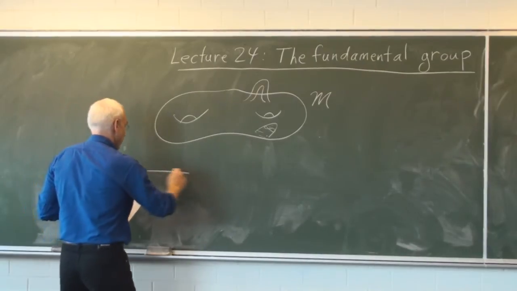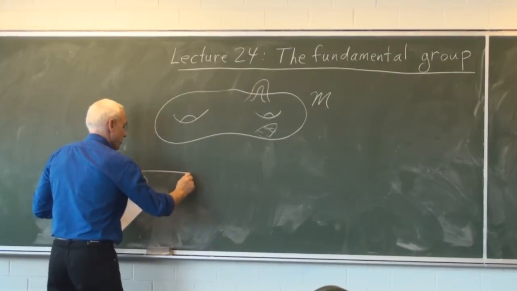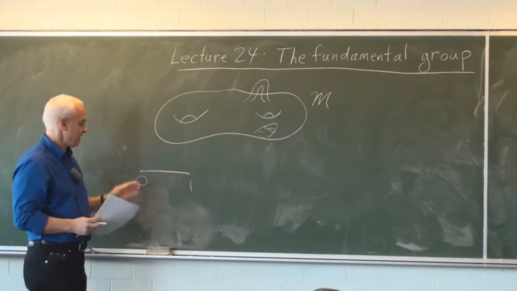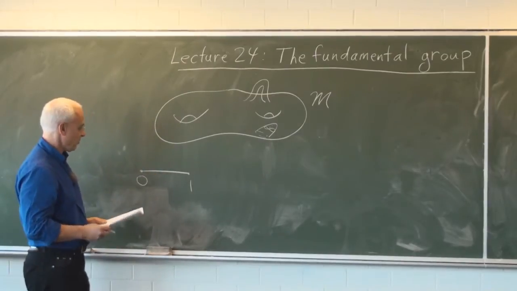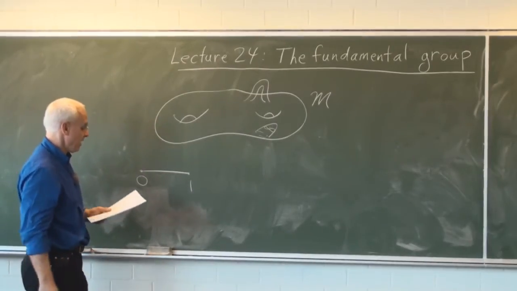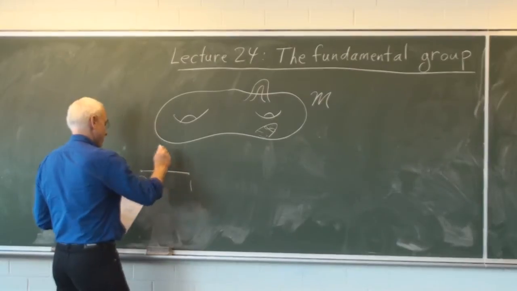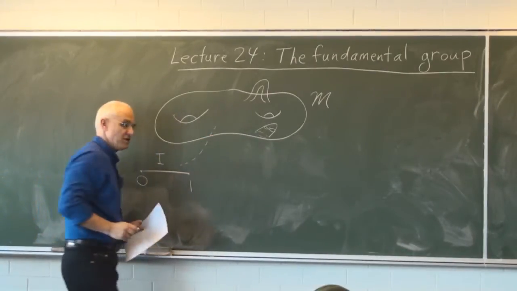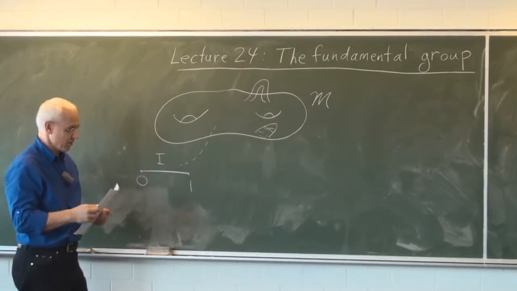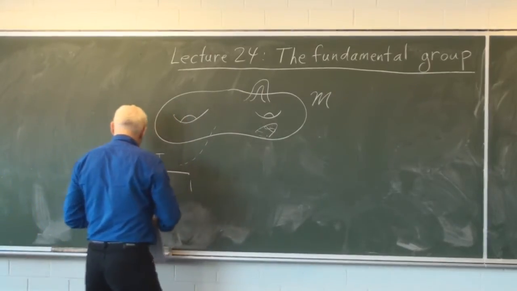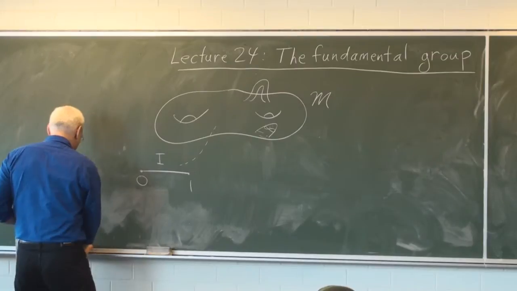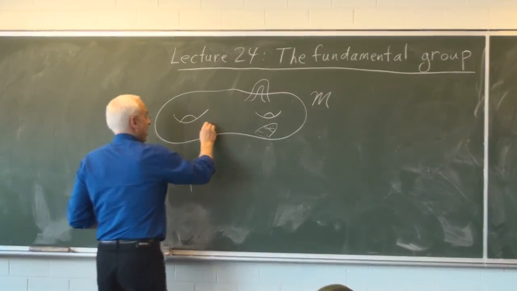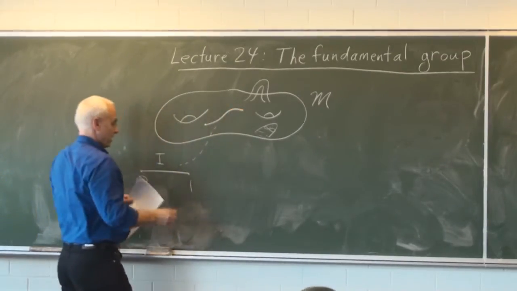So we start with our standard unit interval from 0 to 1 on the line, and let's call that I. We're going to be looking at maps or functions from this interval into our surface. The image of such a map will be a path in the surface.